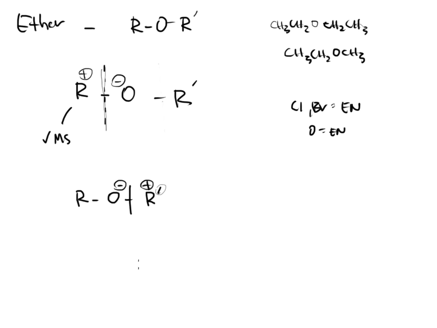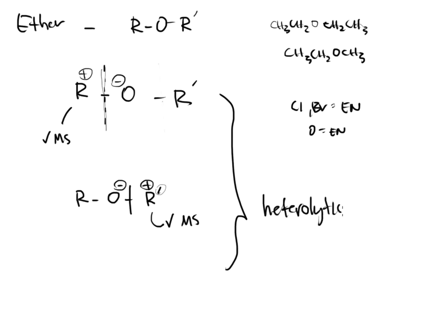And what we have left over is the positive, and this is what gets seen by the mass spectrometer. If the molecule cleaves this way, simple, clean cut, nothing fancy, oxygen gets negative, goes on the other side, that's the positive. This is what we call the heterolytic cleavage.